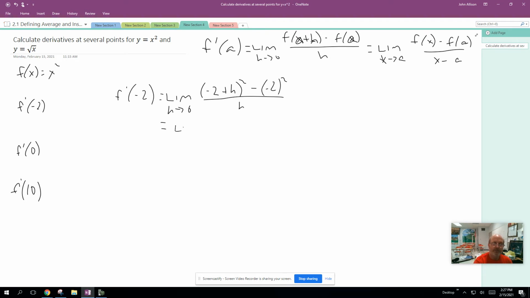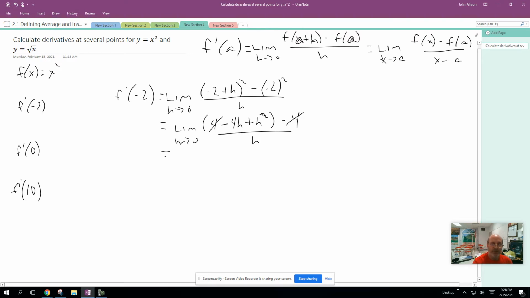This is the limit as h goes to 0 of -2 times -2 is 4. -2 times h plus -2 times h makes -4h, and then h times h makes h squared, minus 4, all over h. The 4's cancel. Oops, didn't mean to cancel the h.